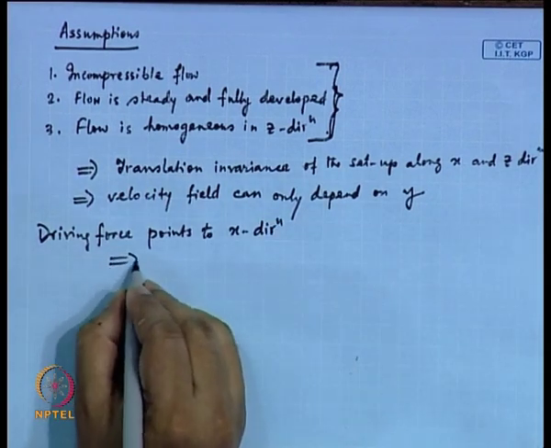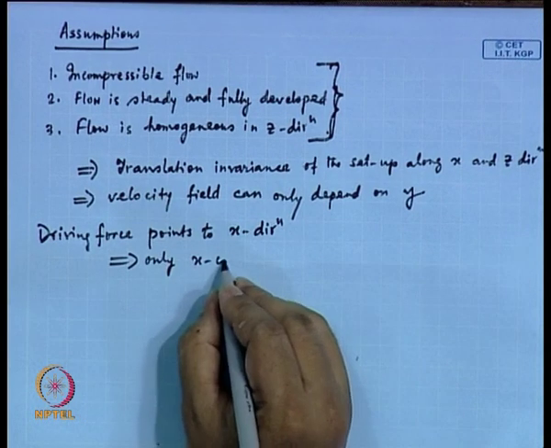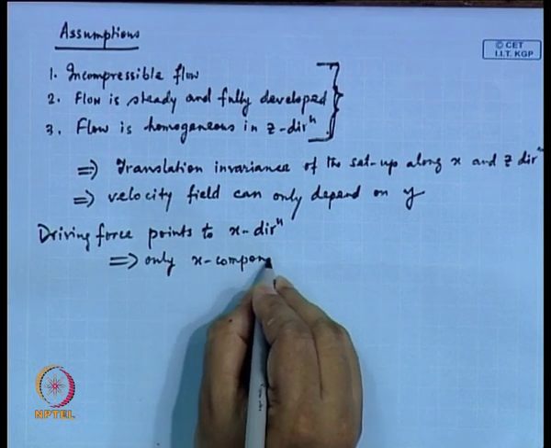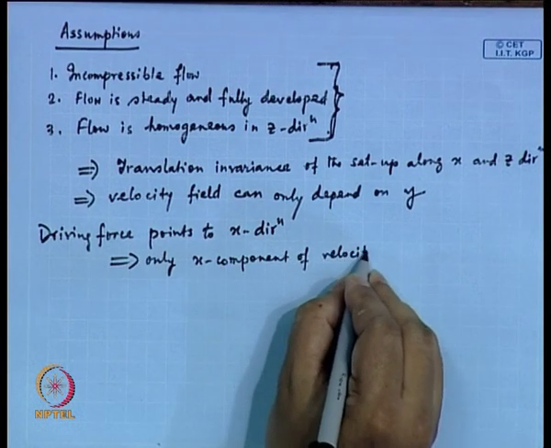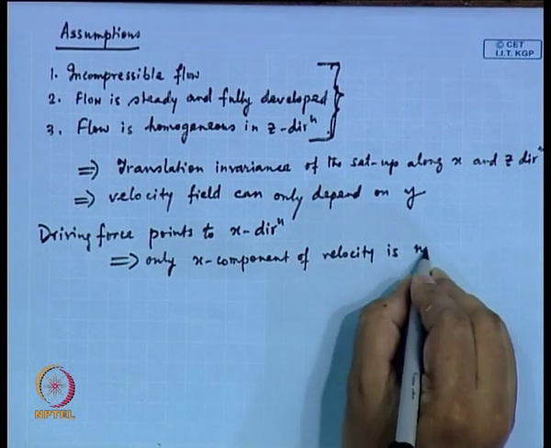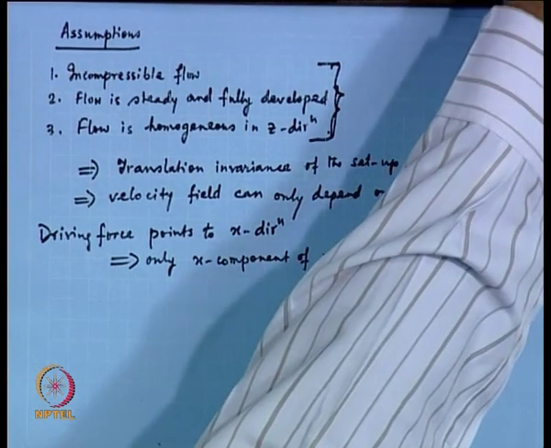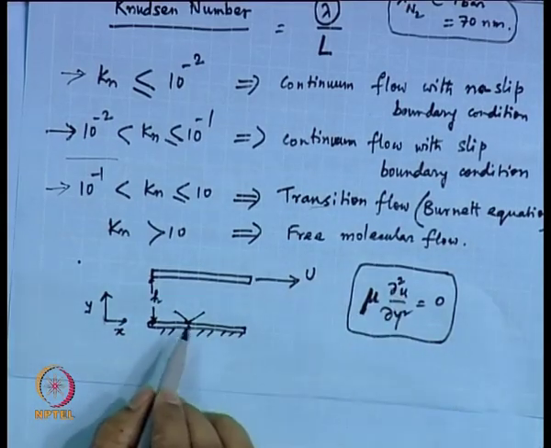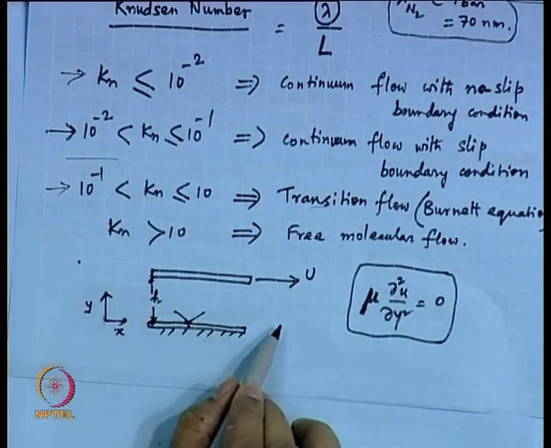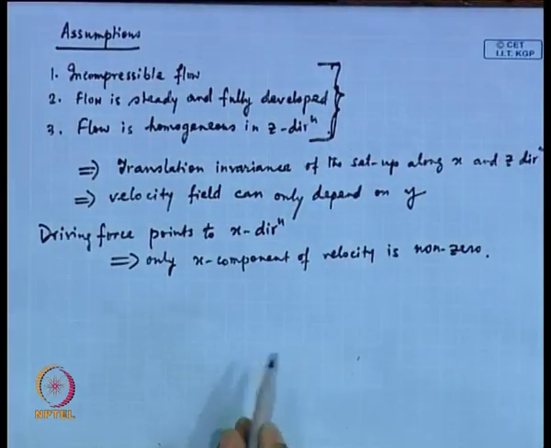This implies only the x component of velocity is non-zero. That is exactly what we have here. U is the x component of velocity. X is in this direction, the x component of velocity. So, that is what you have.